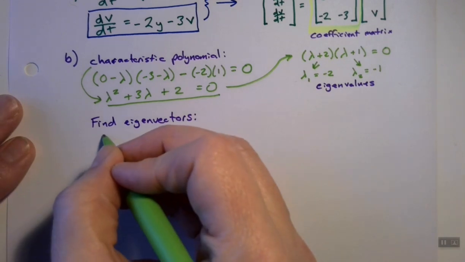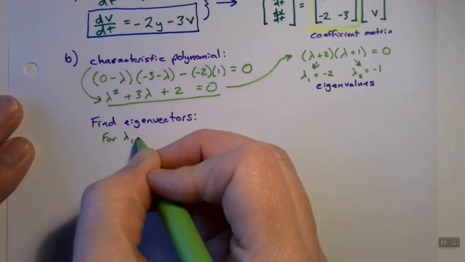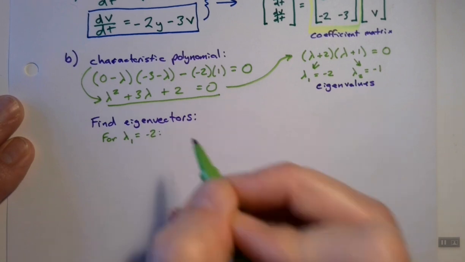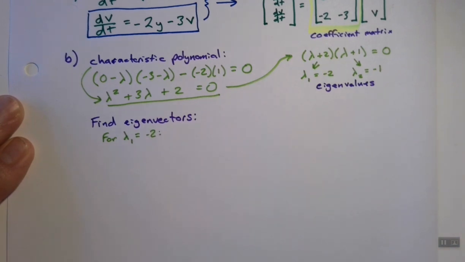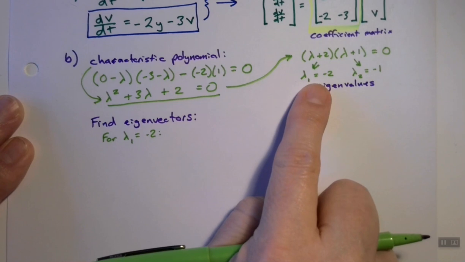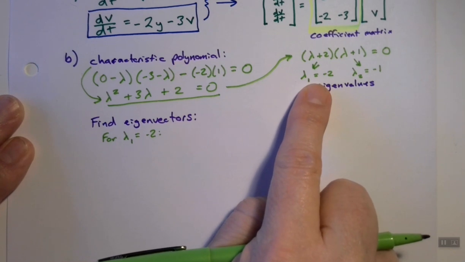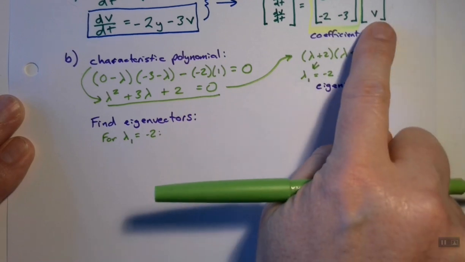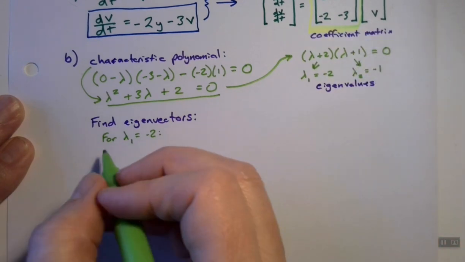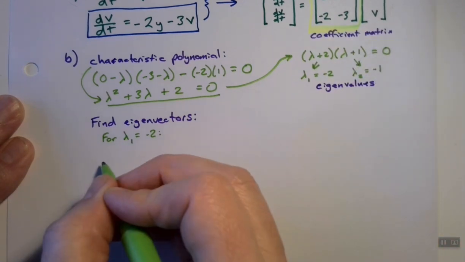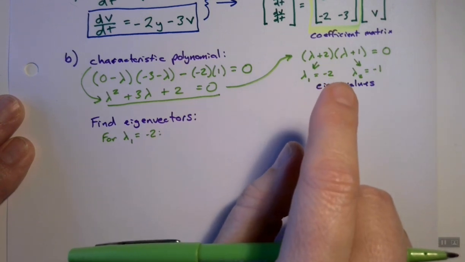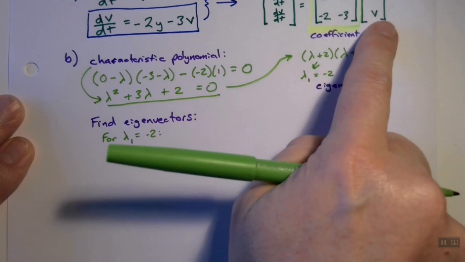So for lambda 1 equals negative 2, we're going to take this out for a spin and say, if this thing really is an eigenvalue, then we should be able to take our coefficient matrix times that vector, the eigenvector essentially, and that should be equal to the eigenvalue itself, negative 2, times that vector itself.